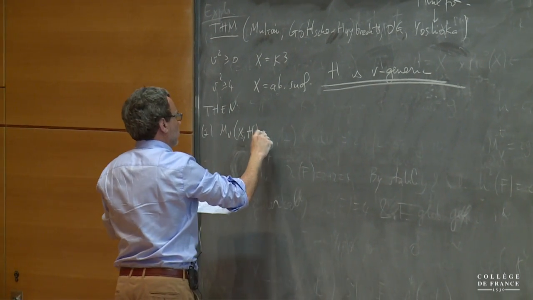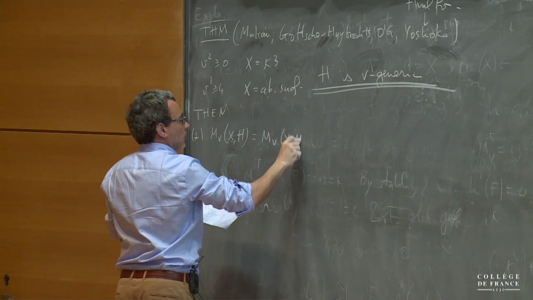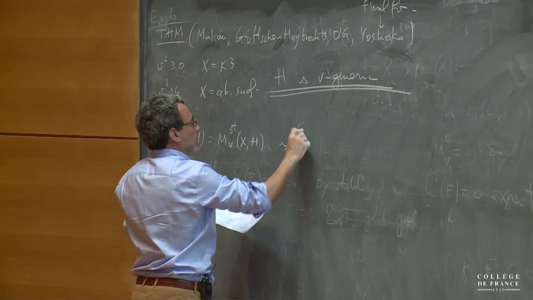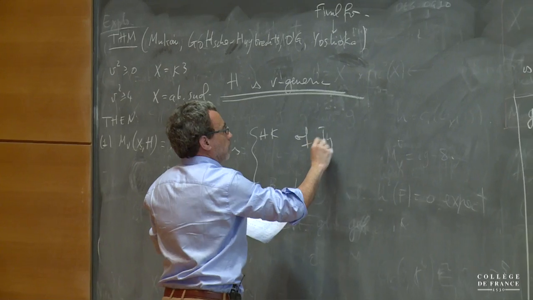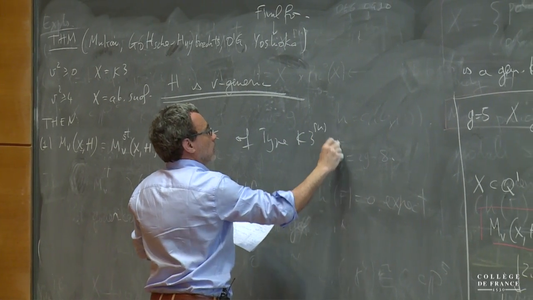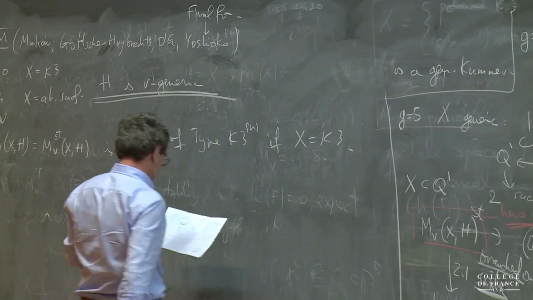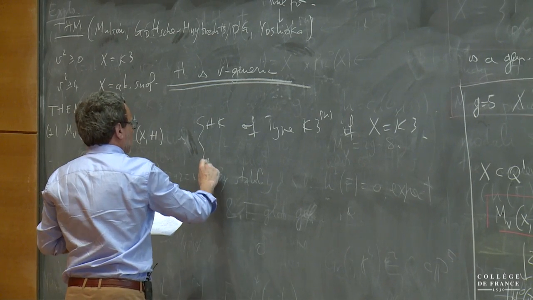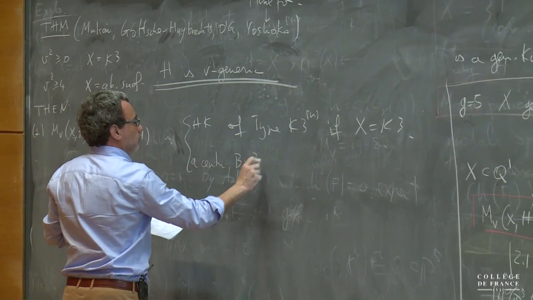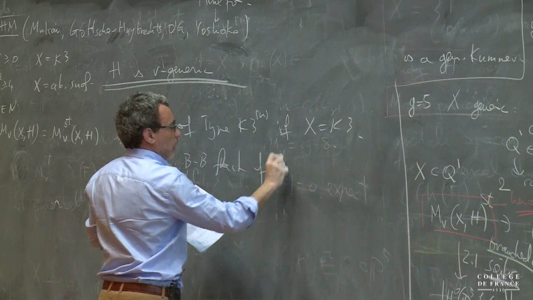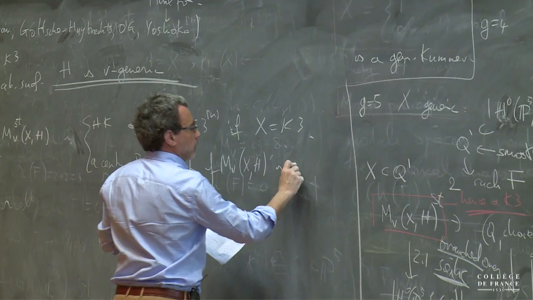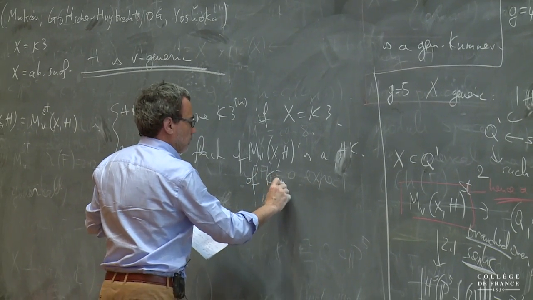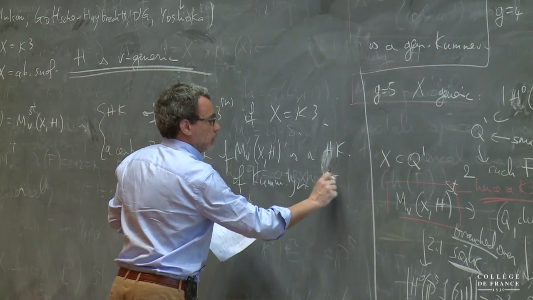Then M is a hyperkähler of type K3^[n] if X is a K3, and a certain Beauville-Bogomolov factor of M is a generalized hyperkähler of Kummer type if X is an abelian surface.